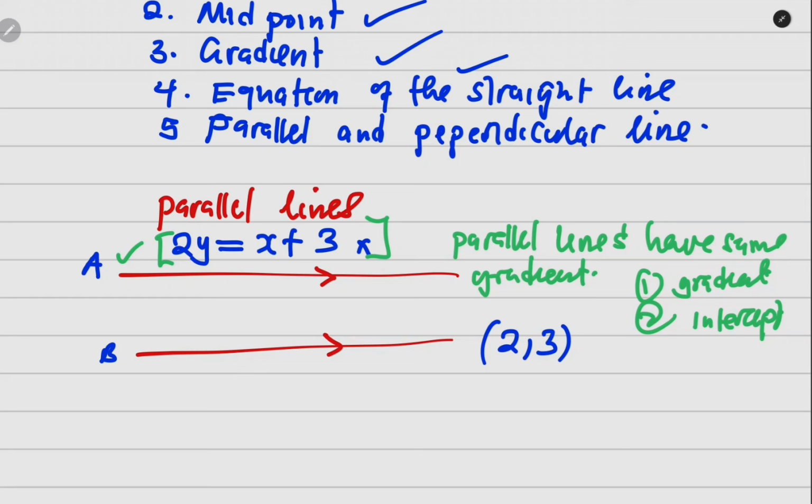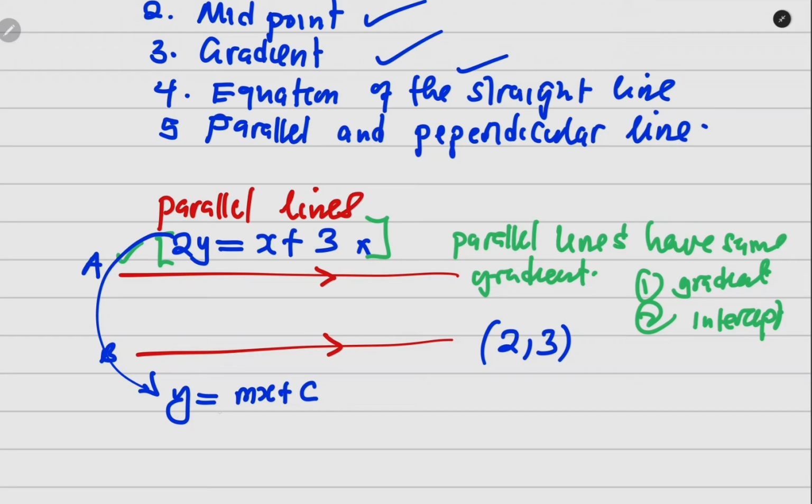Now the question is, how do we find the gradient for this line whose equation is given? You know that the equation of a straight line is y is equals to mx plus c. So we are going to rearrange this equation given. When we rearrange it in this form, the coefficient for x is the gradient.